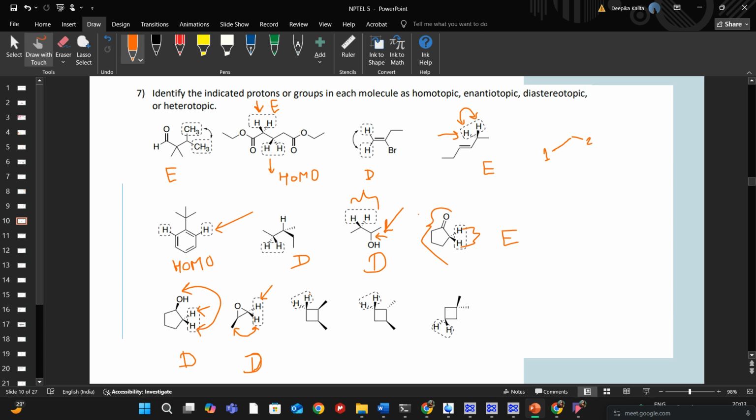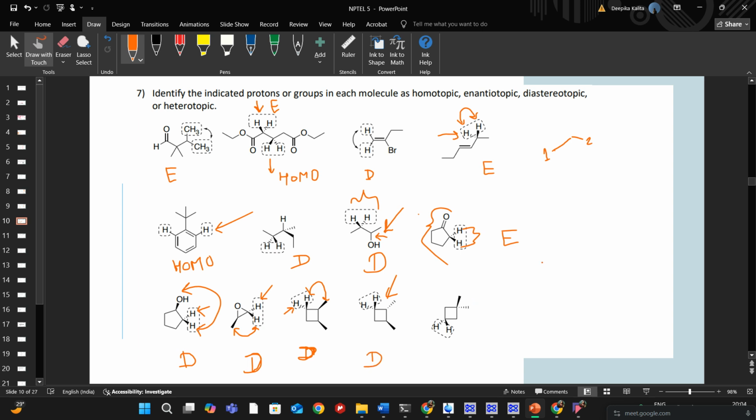In the next one also, this proton and this methyl are on the same phase, whereas this proton is on the opposite phase. Hence, this set of protons will also be diastereotopic. In this example also, it will be the same. The protons will be diastereotopic.